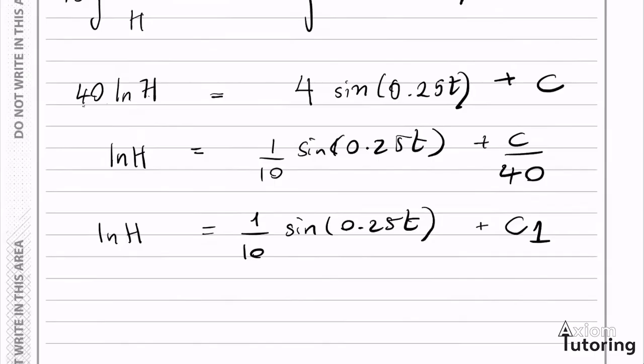So now from here, again, our goal is to have h equals. But of course, we have ln h on the left. So what do we do to cancel that or undo that? We apply the inverse. So what we actually do is we apply our exponential function.